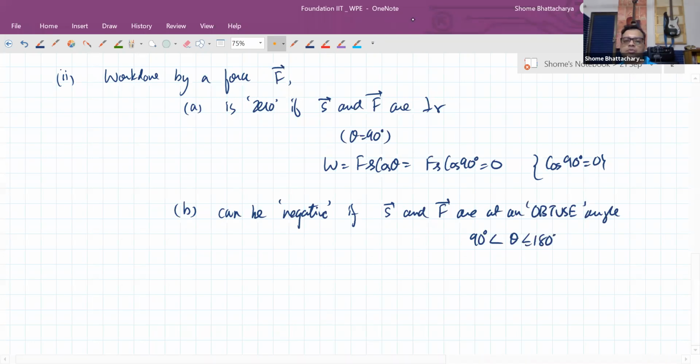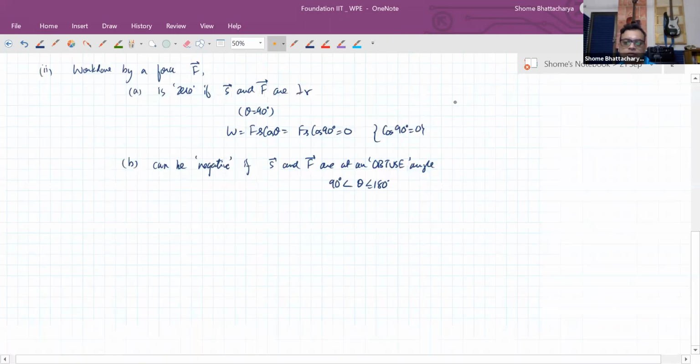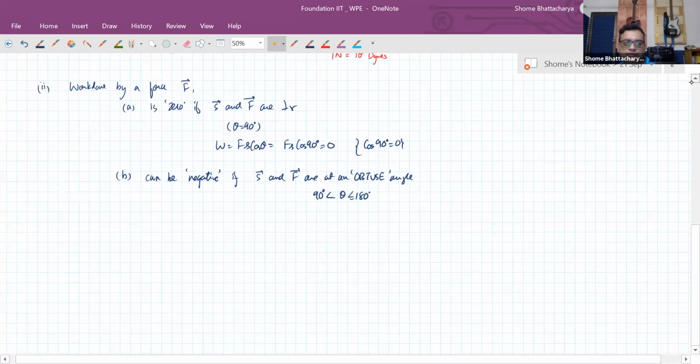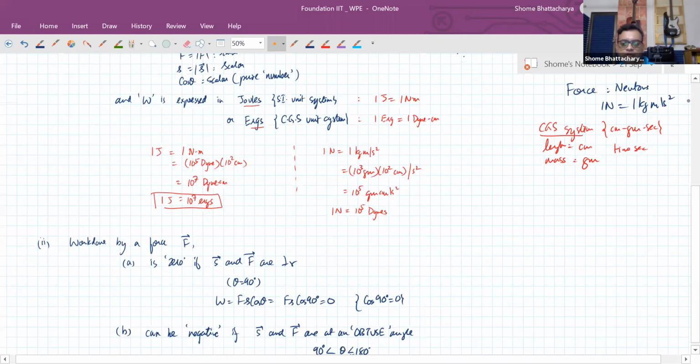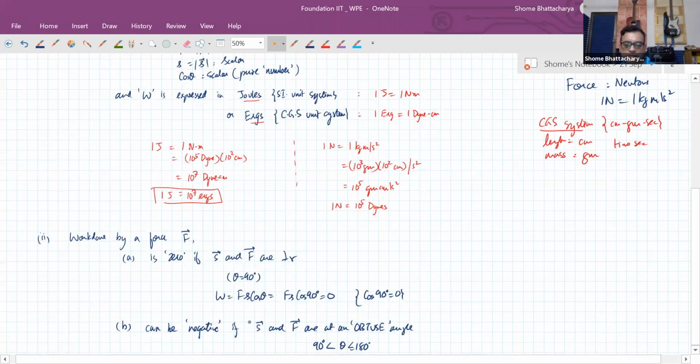We'll talk more about this, but first, complete the relationship for the derivation between joule and erg, and you can note down this point below also. I'll talk more about obtuse angle, but this point should be clear to you that when theta is 90, the work done will be 0.